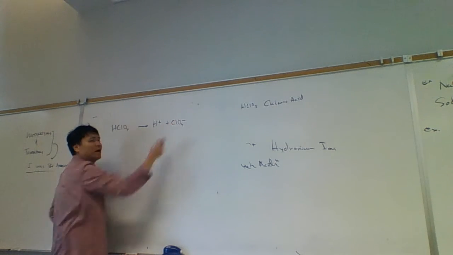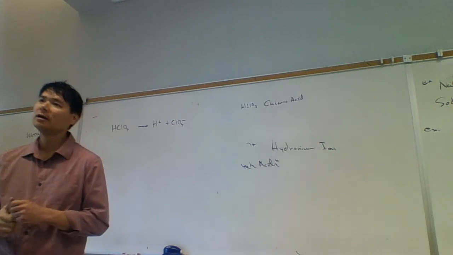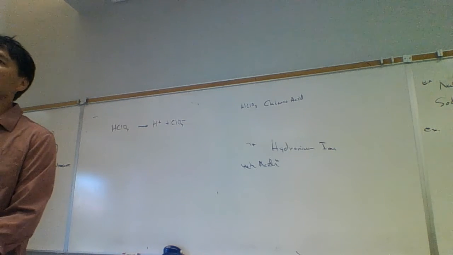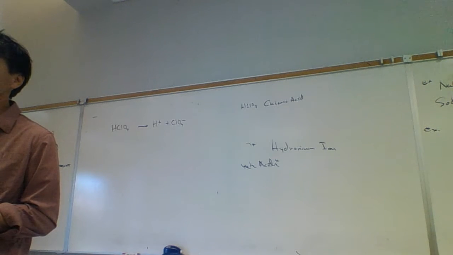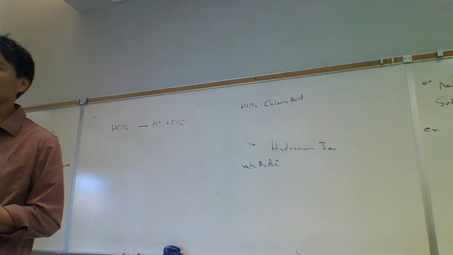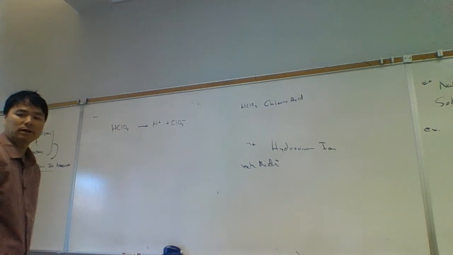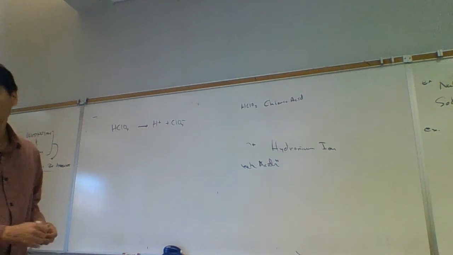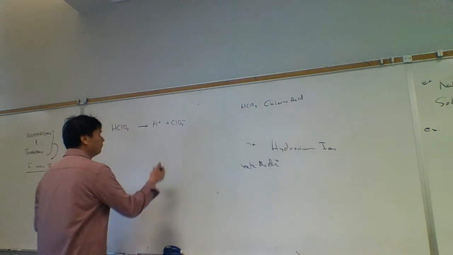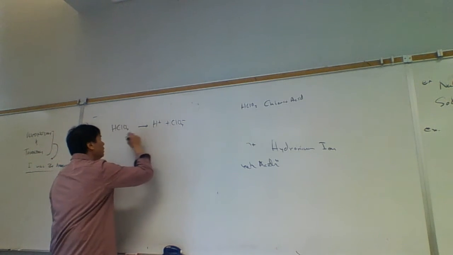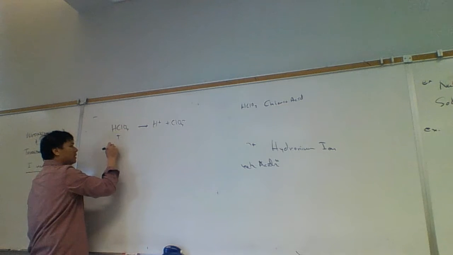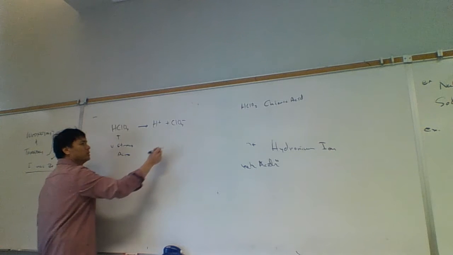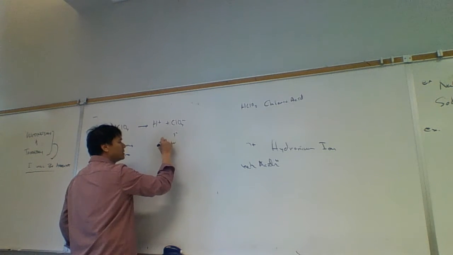That means ClO4 minus doesn't really care. What's ClO4 minus called again? Perchlorate. So perchlorate really doesn't care if it loses the H+. And so what we got going here is this. Basically, if this is a very strong acid, then its conjugate is a very weak base.